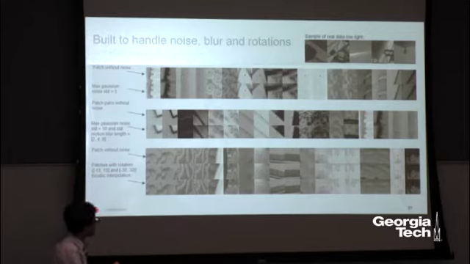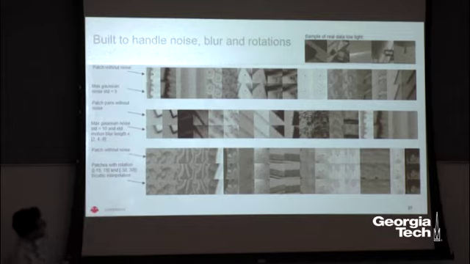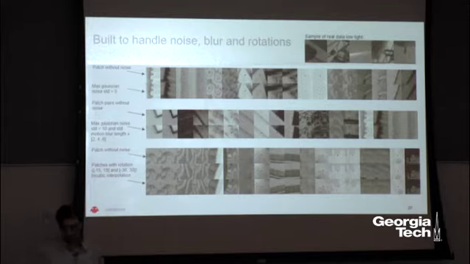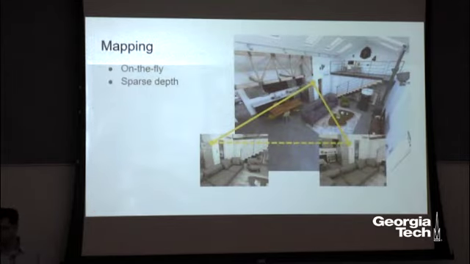You want your descriptors to be resilient to these changes, so that I can do matching across multiple frames. A lot of this involves learning the right descriptor to handle these variations, and that becomes one of the core fundamental blocks on which our SLAM system is built. So that's our tracking at a high level.